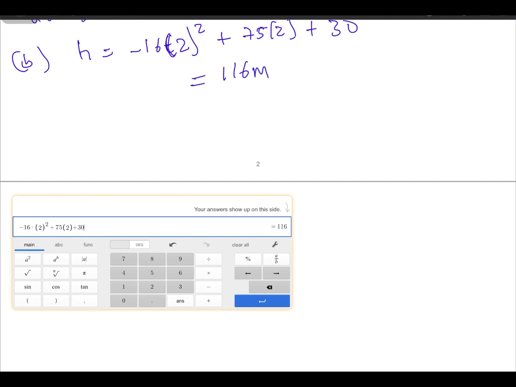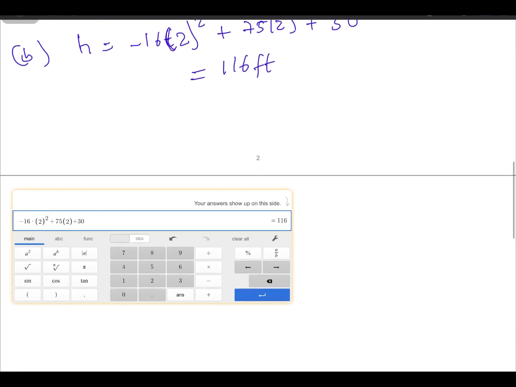So in this case, let's say we were given the height to be in feet, so 116 feet. So this is what I'm getting from my calculator.